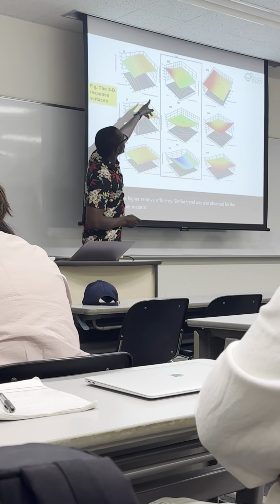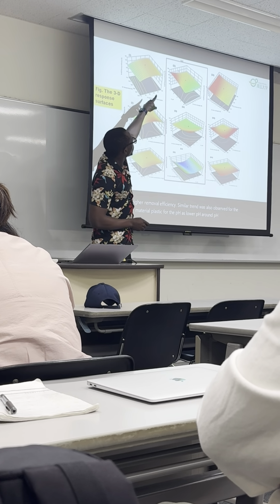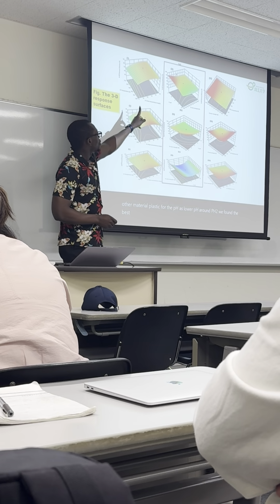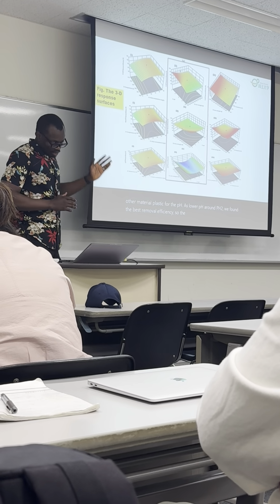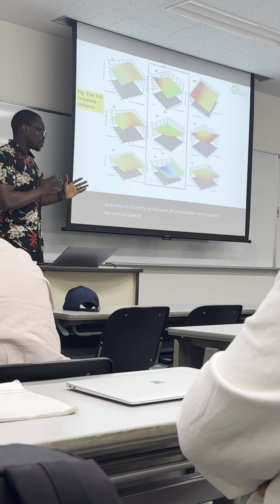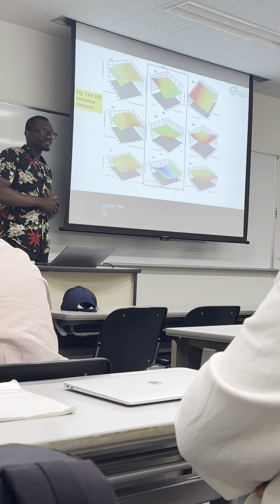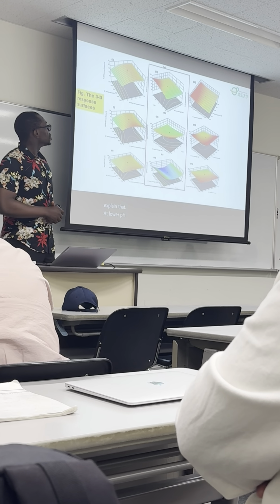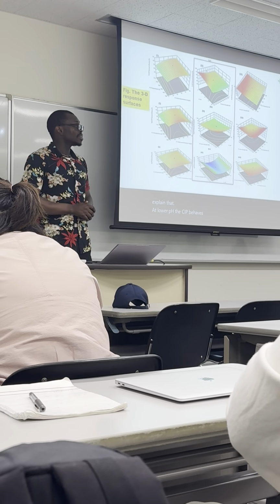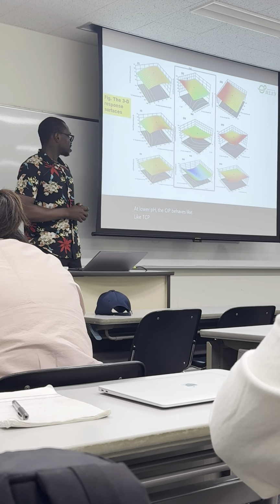For the pH, at lower pH, around pH 2, we found the best removal efficiency. So the lower pH caused an increase in the removal capacity, which in my previous presentation I tried to explain: at lower pH, the CIP is positively charged as a cation.